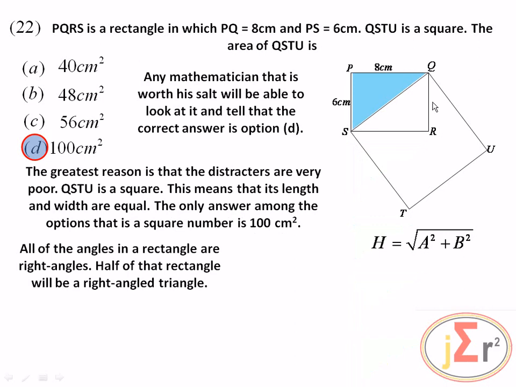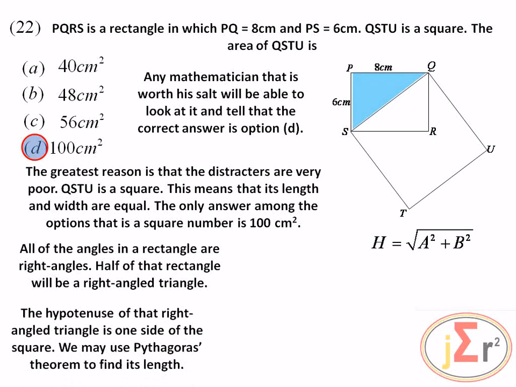Since PQRS is a rectangle, half of it will be a right angled triangle. Then we can use Pythagoras Theorem to find the length of this side. If we find the length of this side, which is the hypotenuse of this right angled triangle, we would have found the length of one side of the square. Then we multiply by itself and we will find the area of the square.